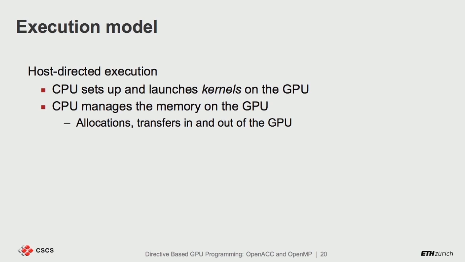So you need two parts: the host, which is the CPU, and the device, which is the GPU. The CPU sets up the kernels, the applications and what should be run on the GPU. We call the functions that run on the GPU kernels. So the CPU sets them up, sets up the launch, and finally launches them on the GPU.